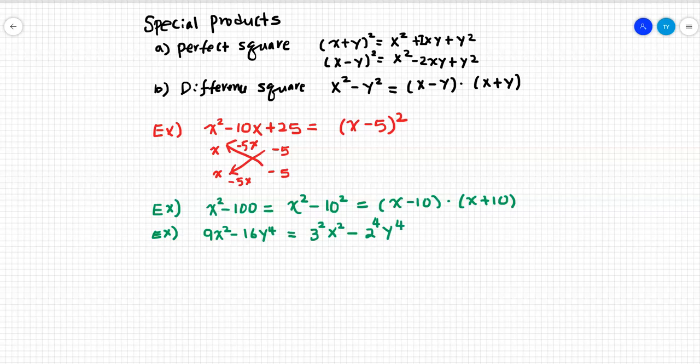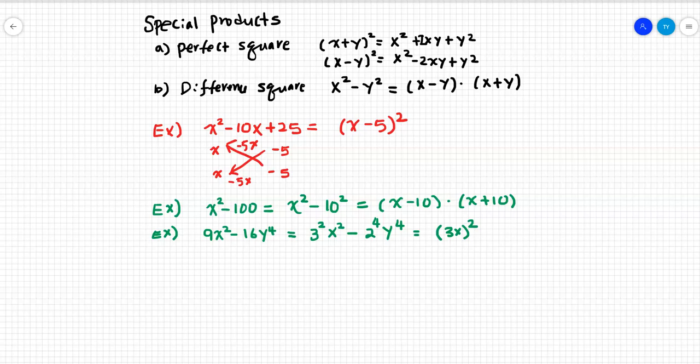Now, we need to have x squared minus y squared there, right? So the first one is going to be okay because you use the power rule of exponents. We can rewrite this as 3x squared. Now the 2 to the fourth y to the fourth is going to be a little bit different, right? Because we need to make it squared.